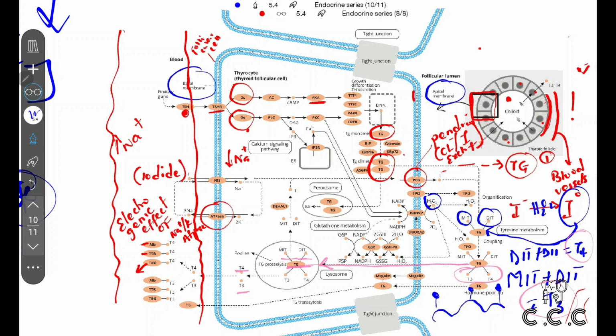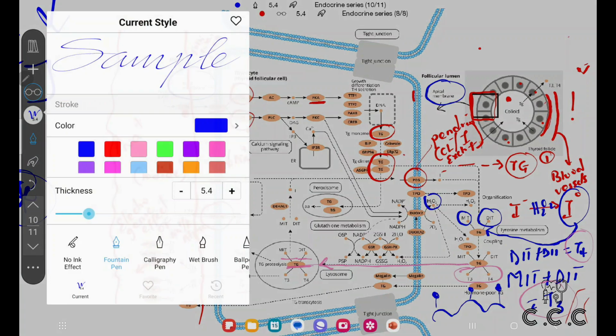It had to join with iodine, right? And then there had to be a coupling of the tyrosine residues to form our final product, which was later broken down by the proteases within the lysosomes to give individual hormones.